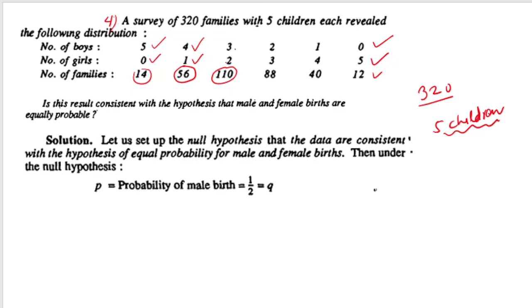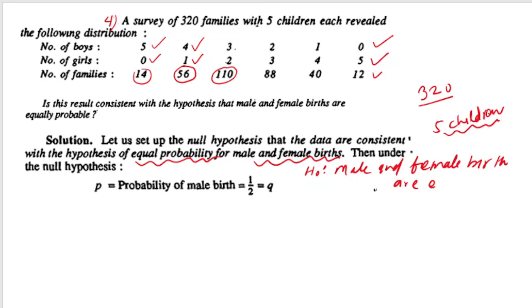Now, what is the null hypothesis? As we always take, the null hypothesis is the hypothesis of no difference. So we are setting up the null hypothesis that the data are consistent with the hypothesis of equal probability for male and female birth. H naught: male and female births are equally probable, right?